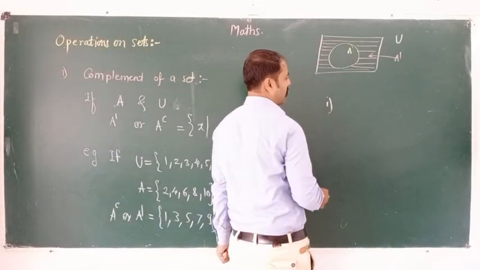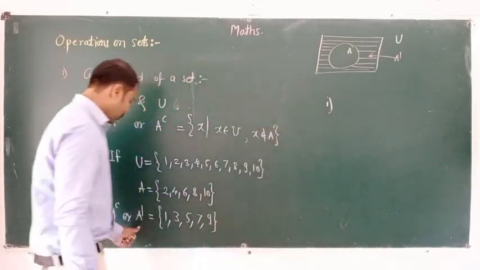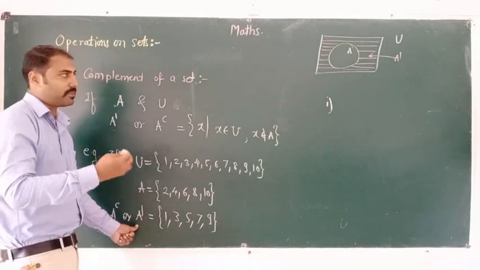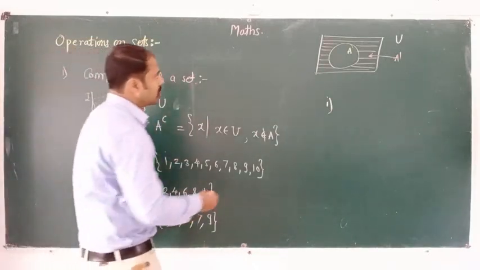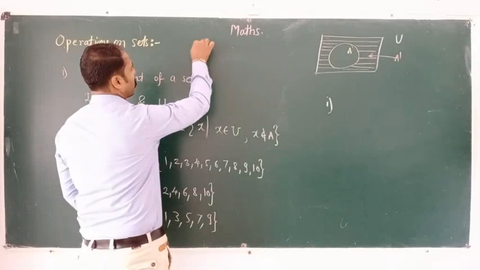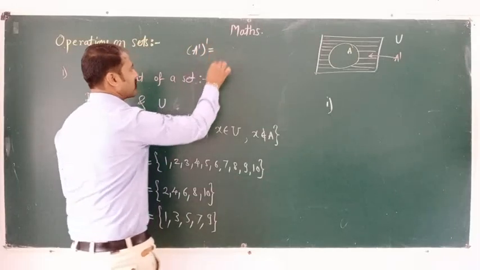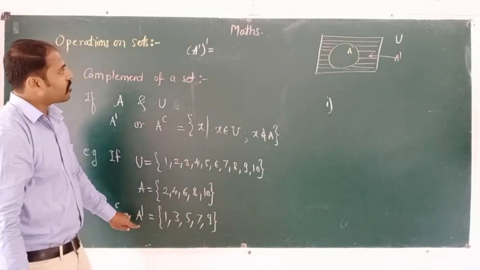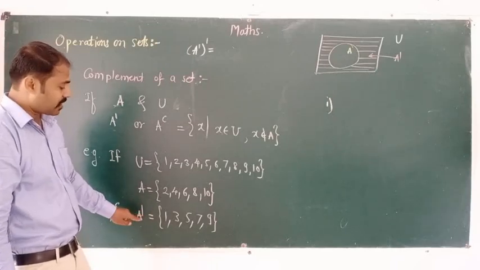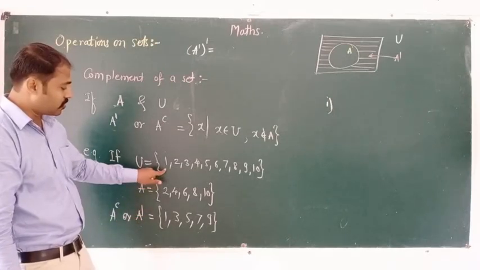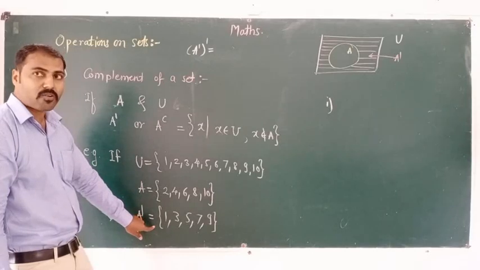Okay, now properties of complement. If we take the complement of a complement, that is, A complement's complement, it is the set of elements in U which are not in A complement.